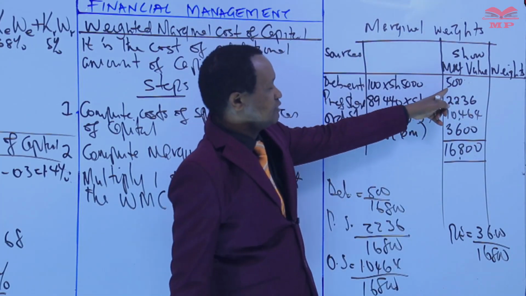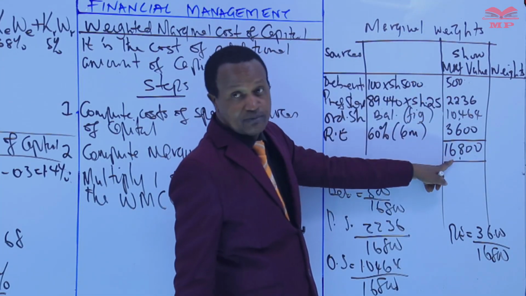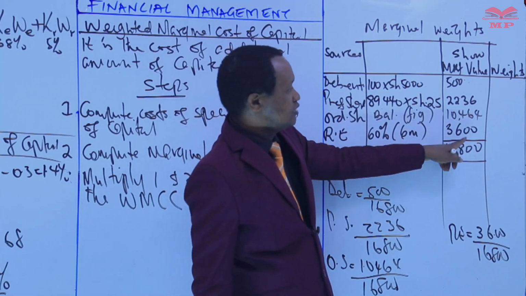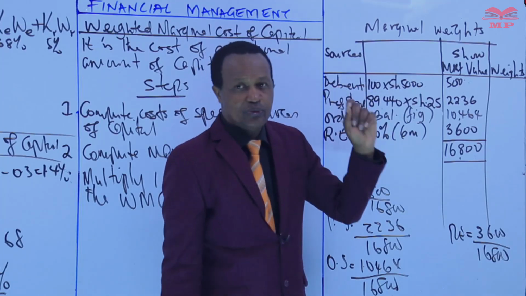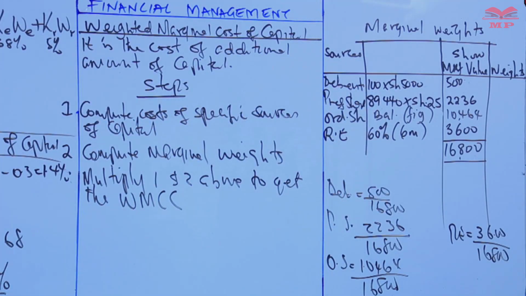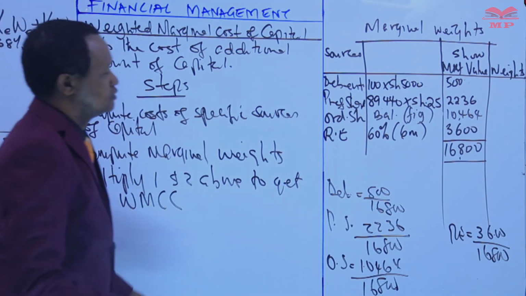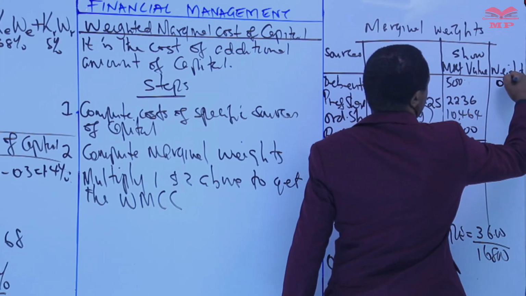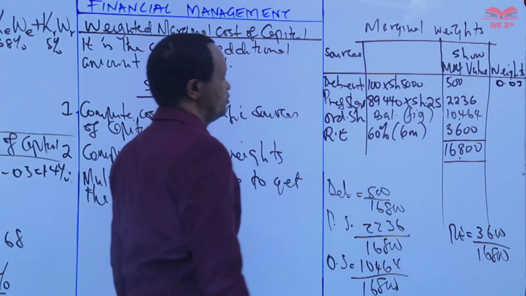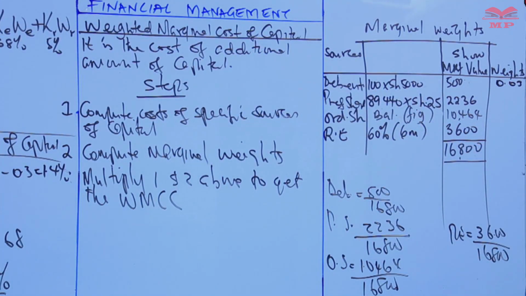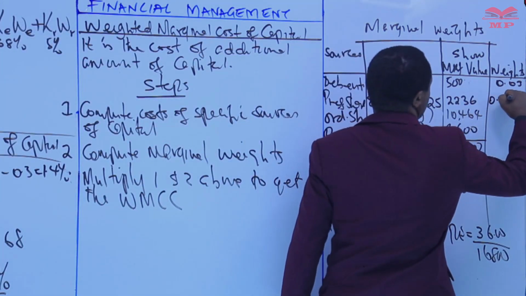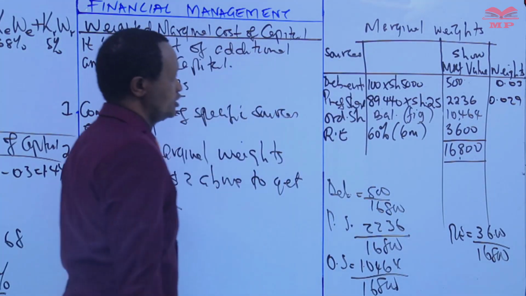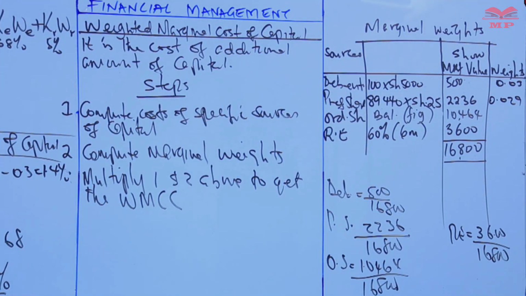Take the specific market value of the source, divide by the total market value. That will give you the proportion, the weight. Give me the proportions. 0.03. For preference share, what is the weight?